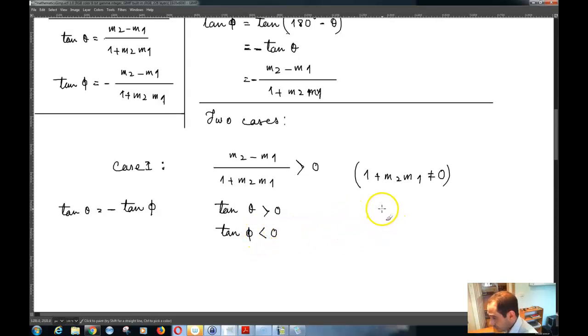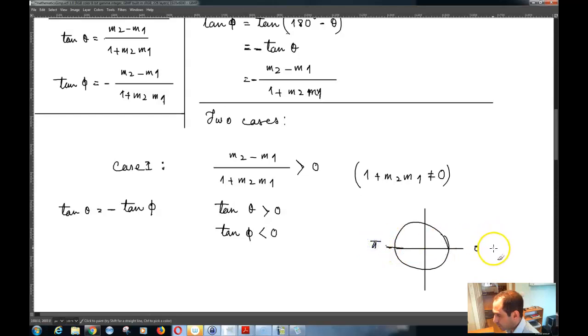Now you know that if you have a unit circle over here, if you go basically from here all the way up to here, from 0 to pi, the tan function here is positive, and here tan is negative, right?